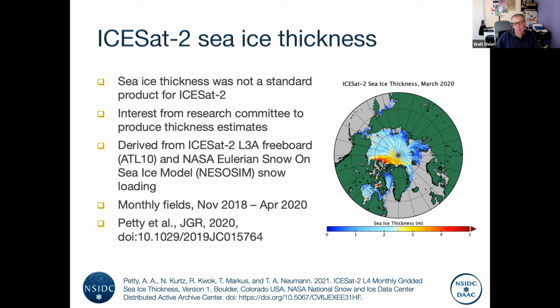So the snow is added to the freeboard, and different density assumptions are made to produce monthly fields, at least during the wintertime, October through April at the moment. This has been updated through April of 2020. I think we'll probably be getting a new update at NSIDC pretty soon. I'm not sure exactly what the timeline is, but these will be regularly updated.